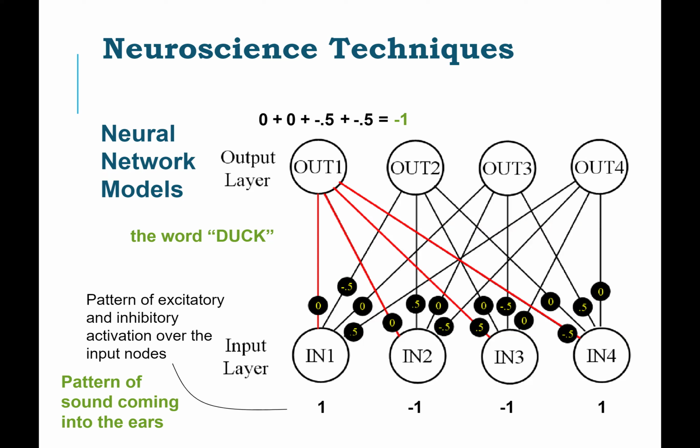This is a simplified network where we're saying that there are networks in the brain, and they take a pattern of activation through the weights and it becomes a new pattern of activation. A pattern of activation means activation across many cells.